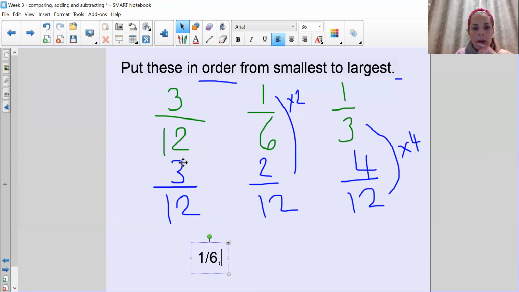Right, which is the next one, which is the next largest number, 3 12ths. Again, find the original fraction. So I'll put 3 12ths, comma, and then 4 12ths. What's the original fraction? A third. Okay, so once you've got your equivalent fractions, you can then look at the numbers at the top and decide which one it is. And then don't forget to write the original fraction.